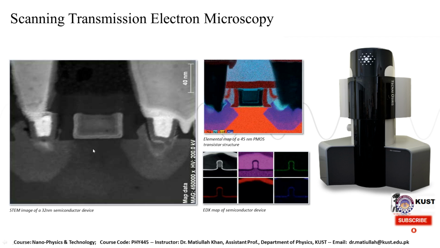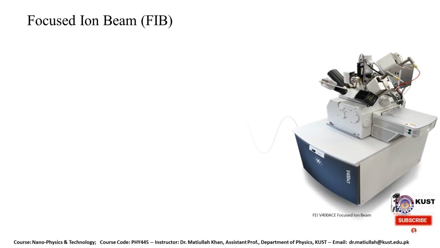These are images of 32 nanometer semiconductor devices with very good resolution, giving us images in different colors. This is the transistor structure, and this is the sample of semiconductor devices obtained from this instrument.